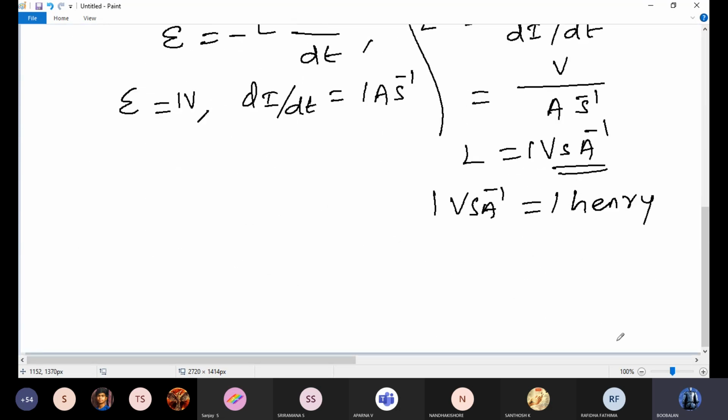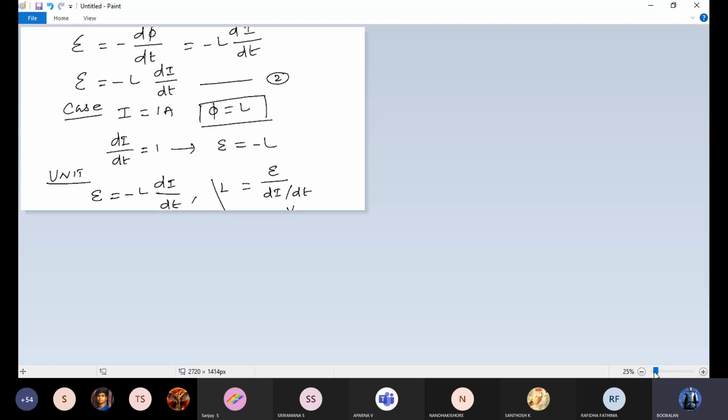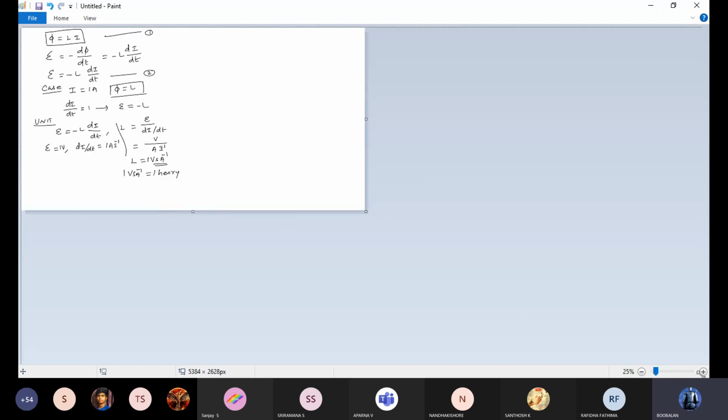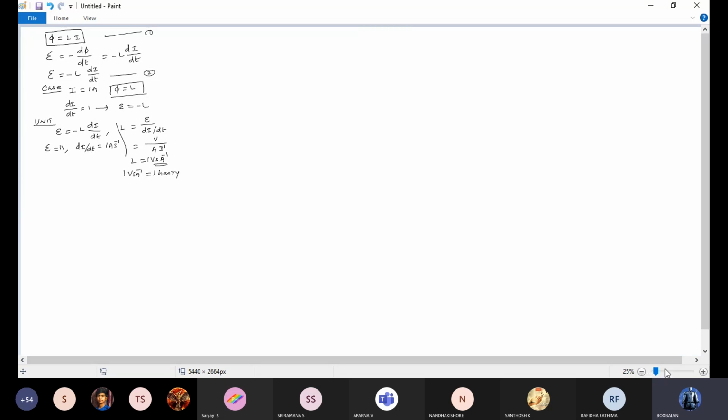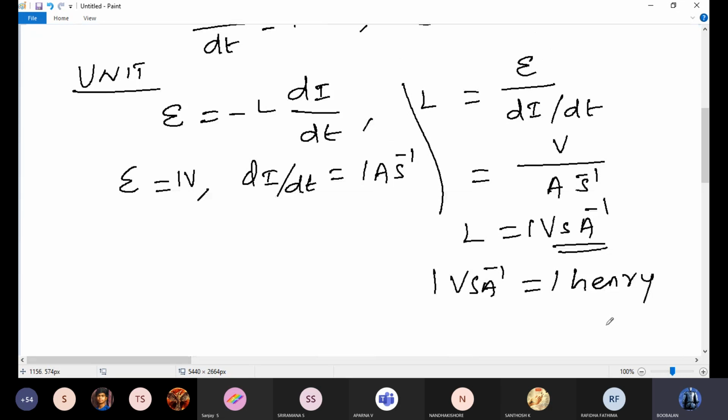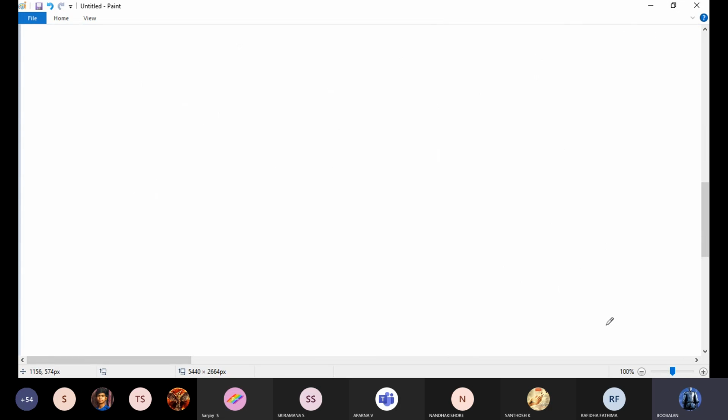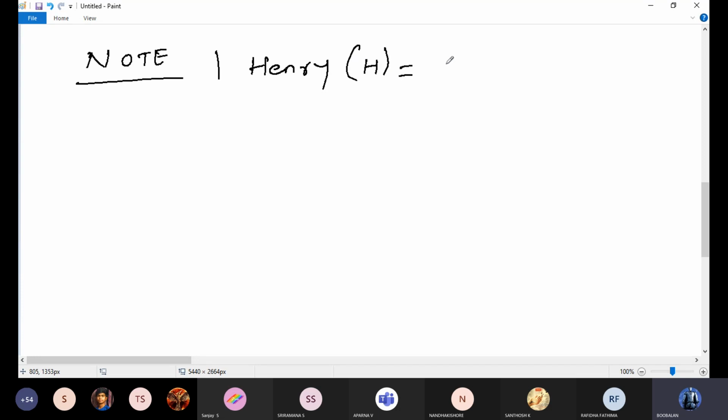Okay. So next one. That 1 Henry, it is equal to 1 V s A power minus 1.